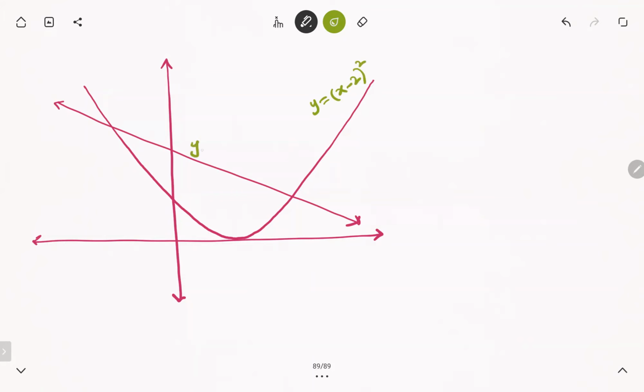Equation of the line is given: y plus 2x is equal to 7. The line and curve both are intersecting at points A and B, and you have to find this shaded area.